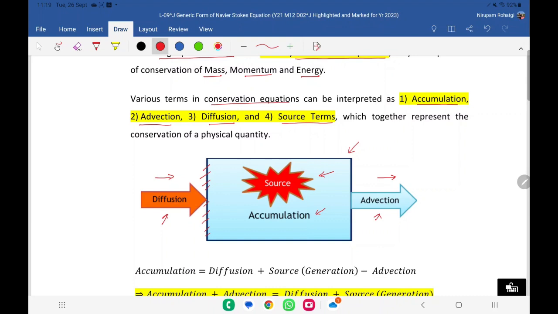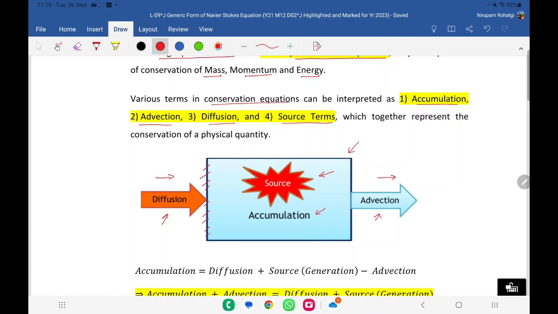Energy can enter in. Momentum can enter in, even without entering the mass. So the diffusion term actually represents the physical quantity entering into the control volume or going out of the control volume without mass going in or coming out. But on the other side, advection is different.